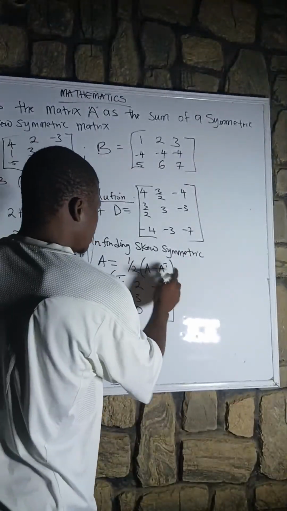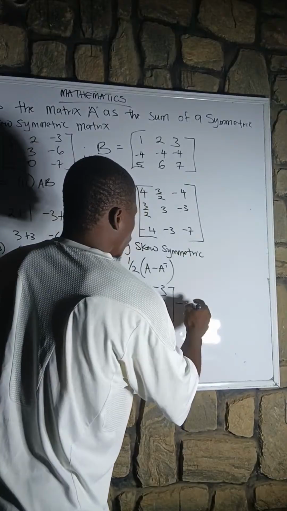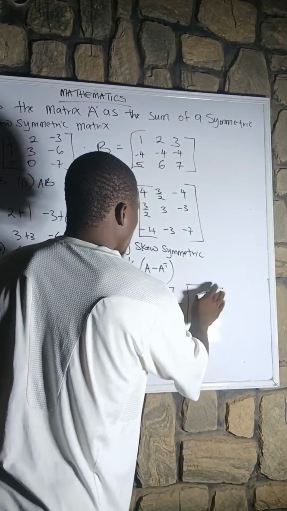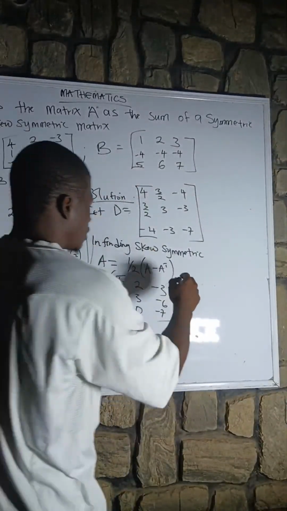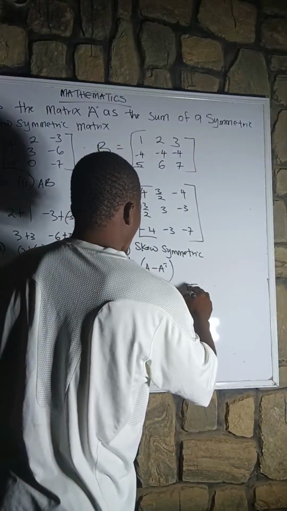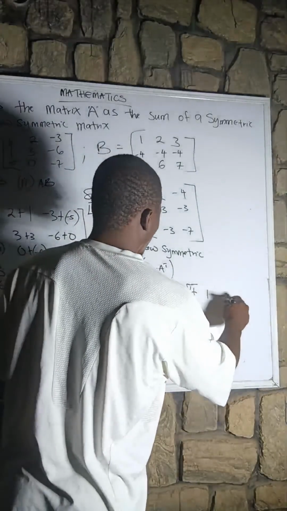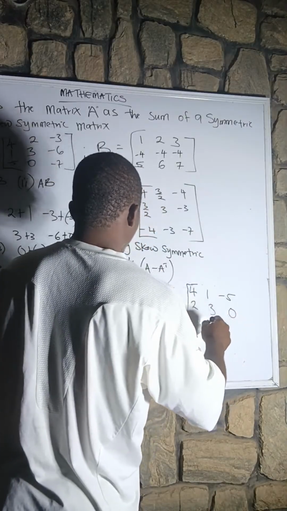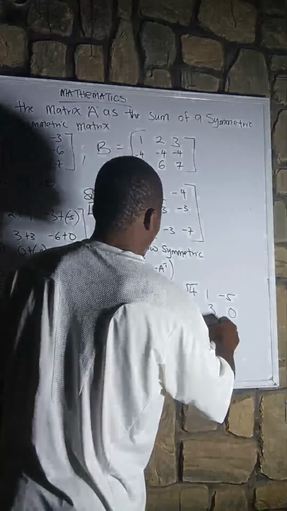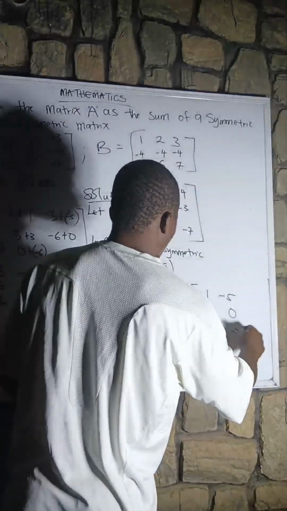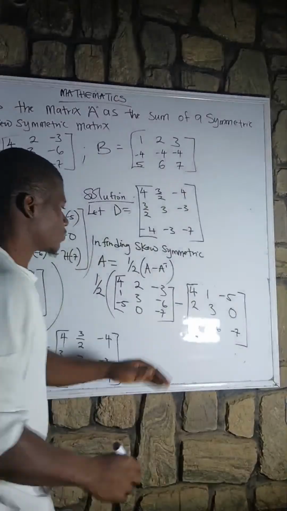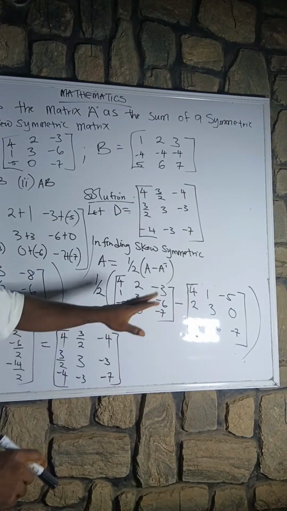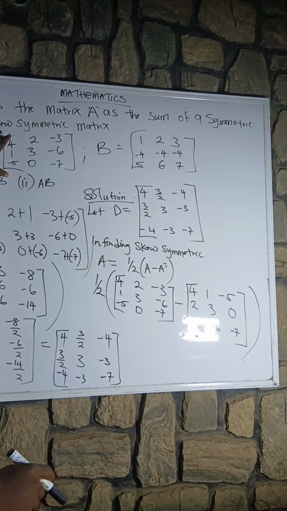And the negative sign here will now come, minus. We know our transpose, like we used earlier in finding the symmetric, to be 4, 1, minus 5, 2, 3, 0, minus 3, minus 6, minus 7. This is the transpose of the matrix A.